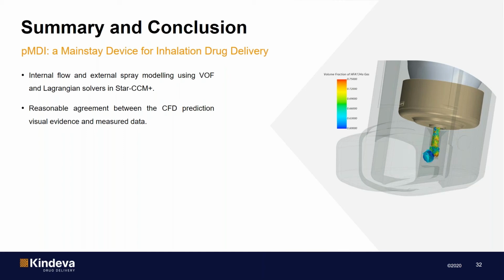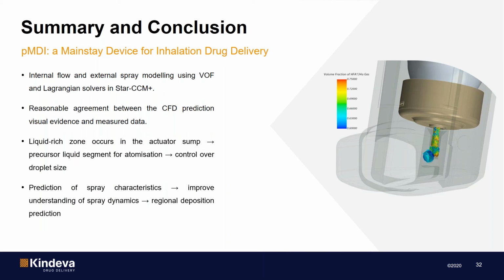The work has shown that we could get reasonable agreement between the predicted and measured trends. We also observed some interesting trends. For example, a liquid-rich zone is predicted to occur in the actuation sump, and this corresponds well with our experimental observation.